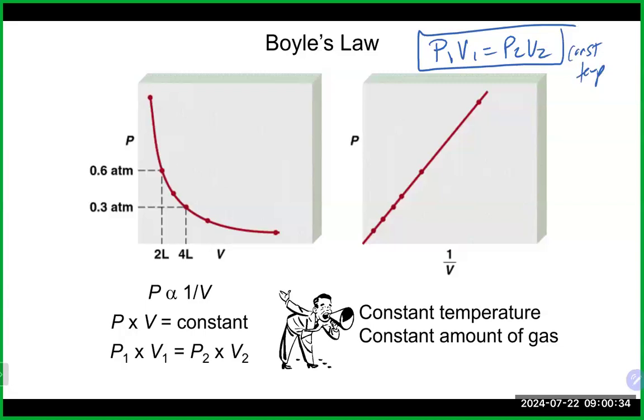And an interesting relationship that comes out of Boyle's law is this. As we can see here on the graph on the left, at a much smaller volume, we have a much higher pressure. Again, when the volume gets larger, we have a much lower pressure.